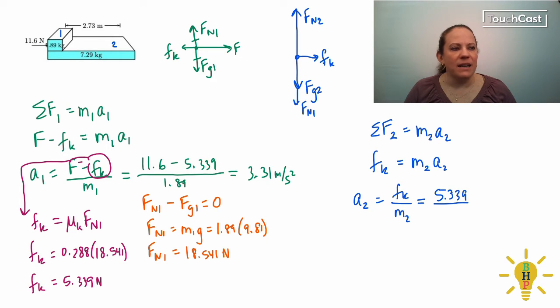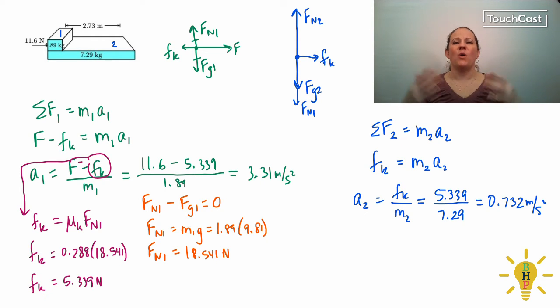And I'm going to divide that by the 7.29 kilogram mass. And as expected, I get a lesser acceleration for that second block. Okay, great. So now we've applied dynamics information to get the accelerations of these two blocks.